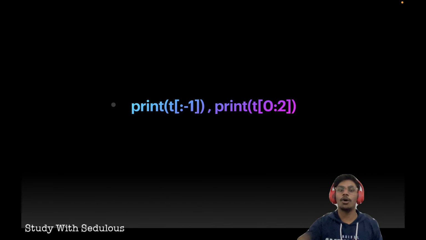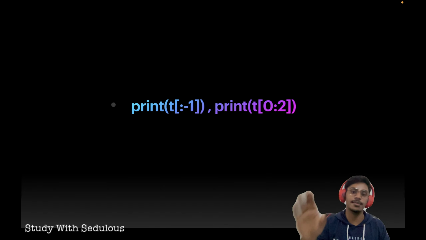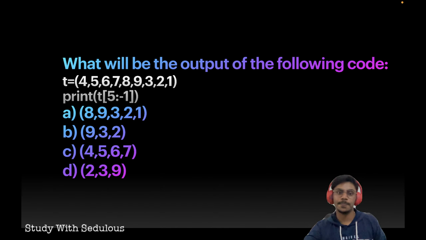So the answer was option A, from the start till -1. -1 is the last element, so till the last element except for the last element. Then what will be the output of the following code? T is equal to 4, 5, 6, 7, 8, 9, 3, 2, 1. Print T of 5 till the last element without the last element.